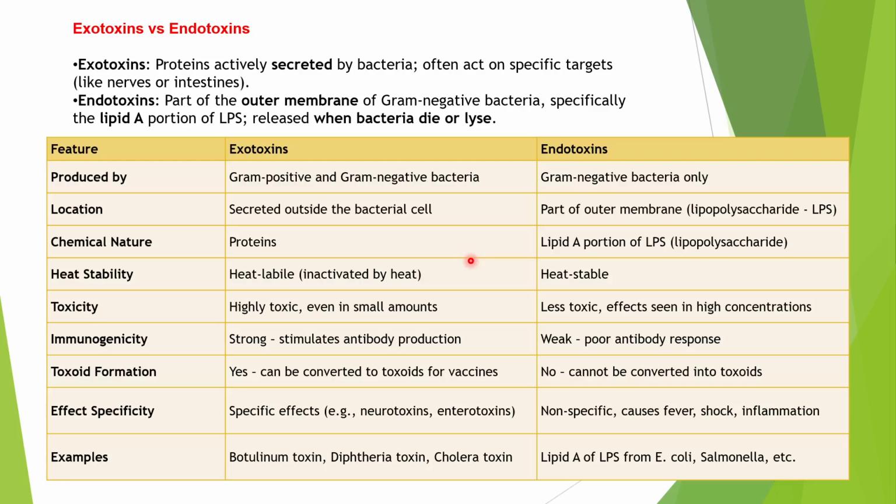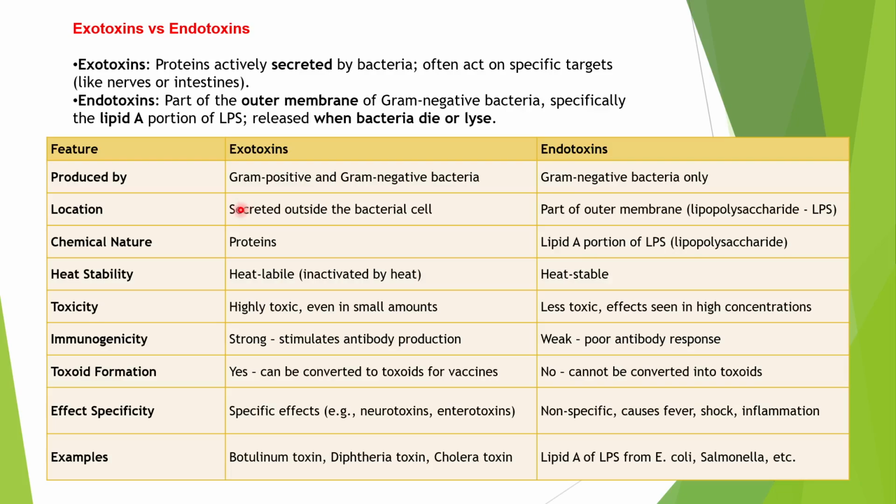So coming to the comparison of it, production of the toxins. So the exotoxin is produced by both gram positive and gram negative bacteria, whereas the endotoxin is present only in the gram negative bacteria.